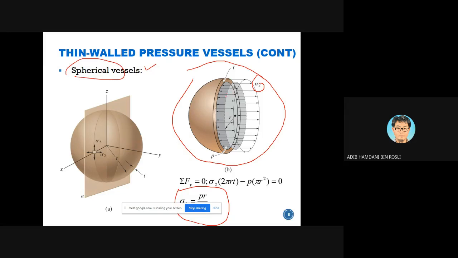Radial means that, for instance, can you see that this one goes radially, following the radius R, from the center to the wall. So this third one, sigma 3, is a radial stress. We have this as well.